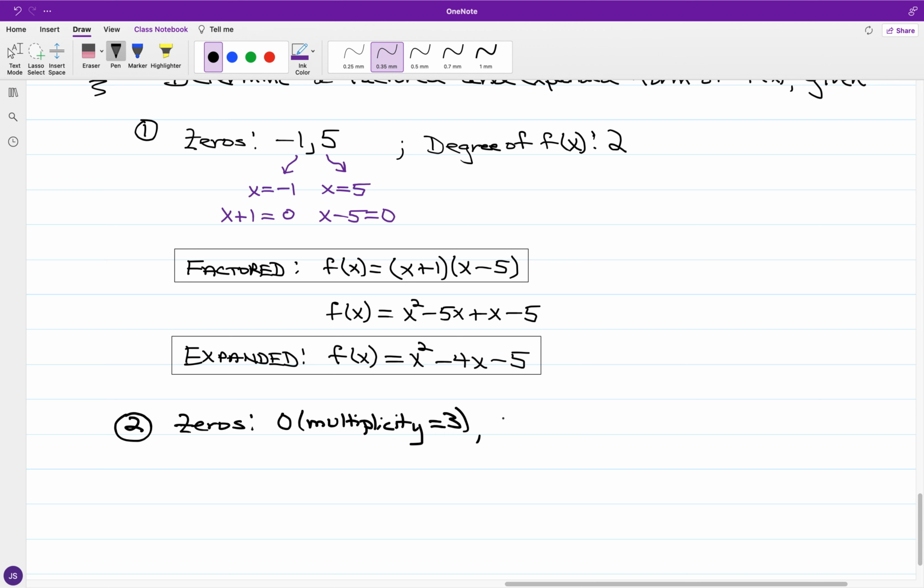Now say we have negative 2 with a multiplicity equal to 2.